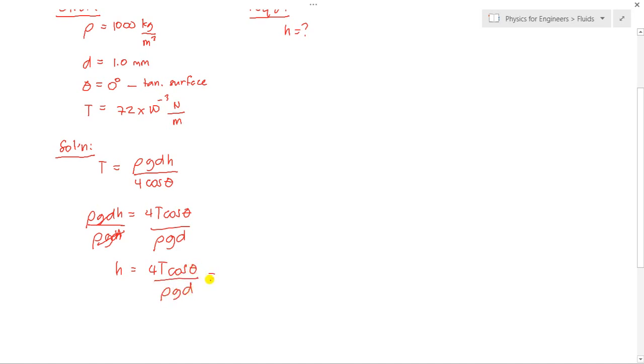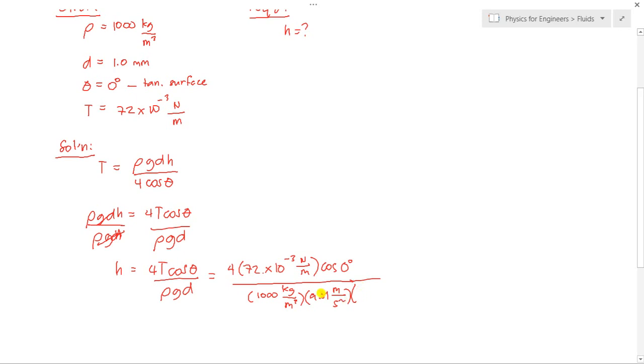Then substituting the values, 4 times the surface tension, 72 times 10 to the power of negative 3 Newton per meter, cosine of 0 degrees, all over density, which is 1000 kilogram per cubic meter, the gravity, which is 9.81 meter per second squared, and the diameter, which is 1 mm.